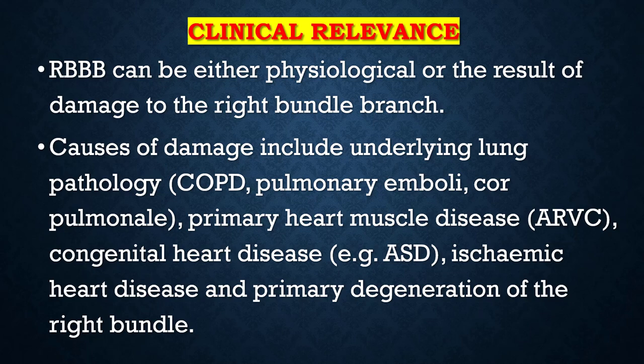Causes of damage include underlying lung pathology, COPD, chronic obstructive pulmonary disease, pulmonary emboli, cor pulmonale, primary heart muscle disease, congenital heart disease such as ASD, atrial septal defect, ischemic heart disease and primary degeneration of the right bundle.